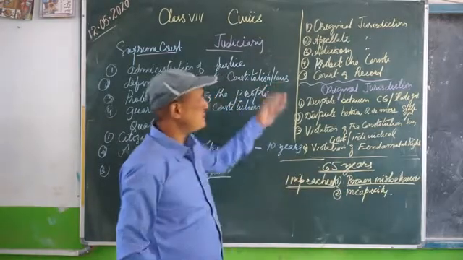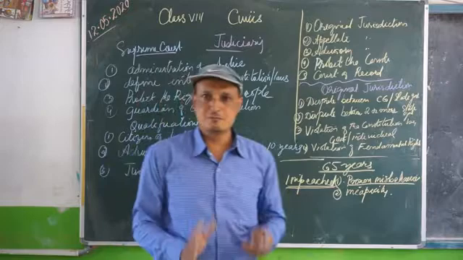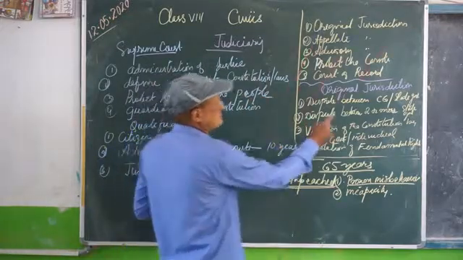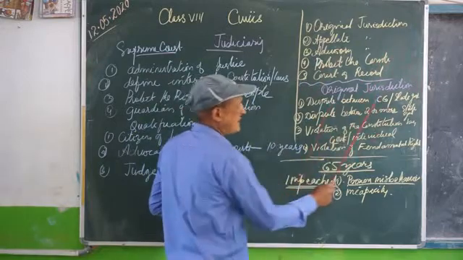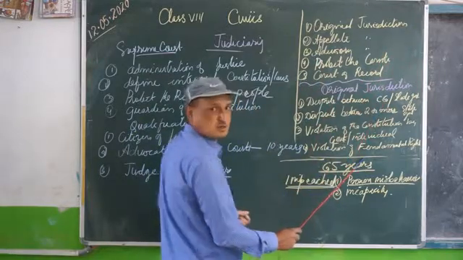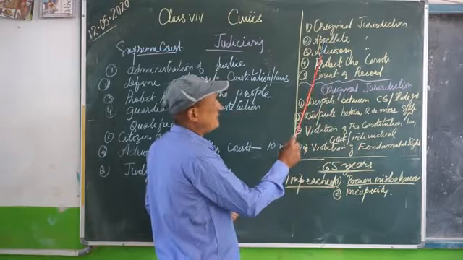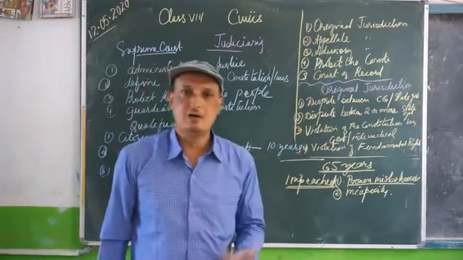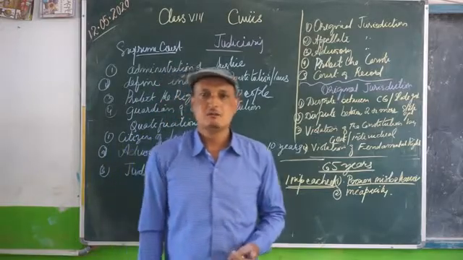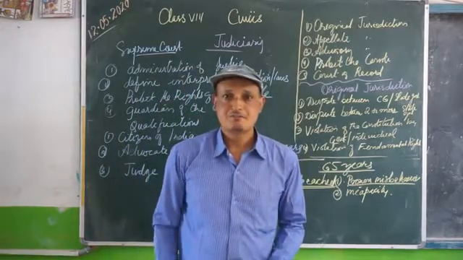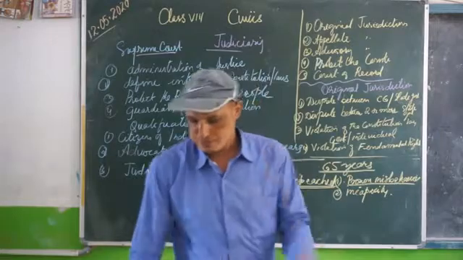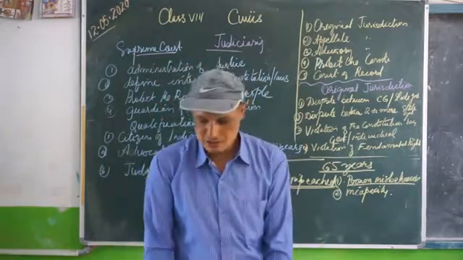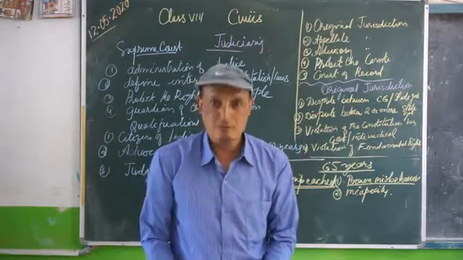So these were some of the powers of the Supreme Court that you have learned. Especially I have explained to you the original jurisdiction, or what type of cases can originate in the Supreme Court. The rest of the powers, appellate, advisory, and how it protects the Constitution and how it acts as a court of record will be explained in the next class. So till then, to brush up on what we have learned, please do the following exercise from your textbook.